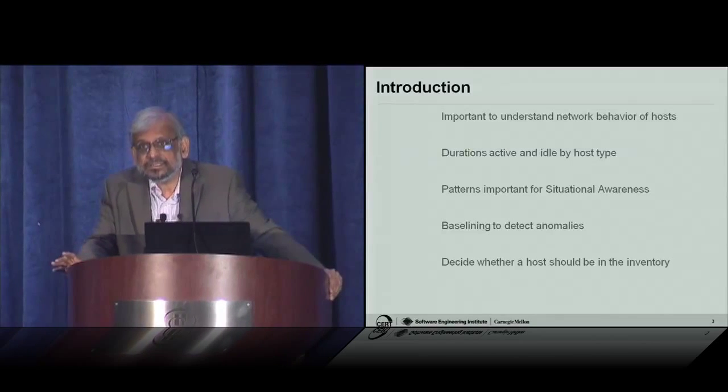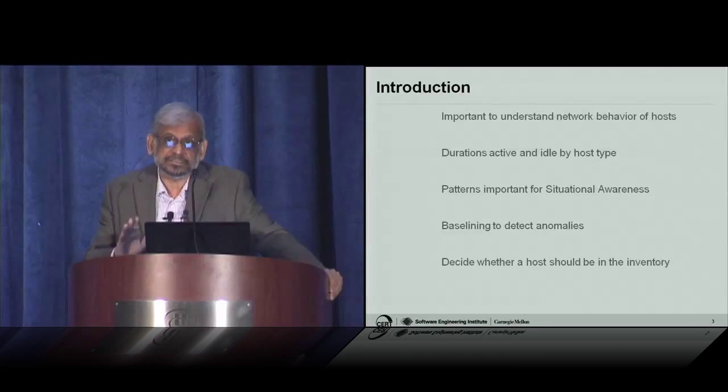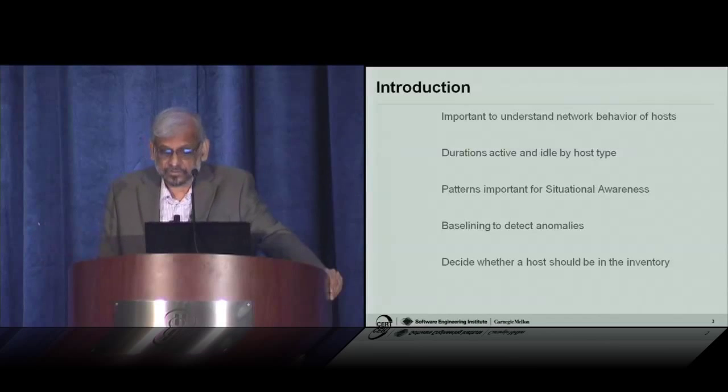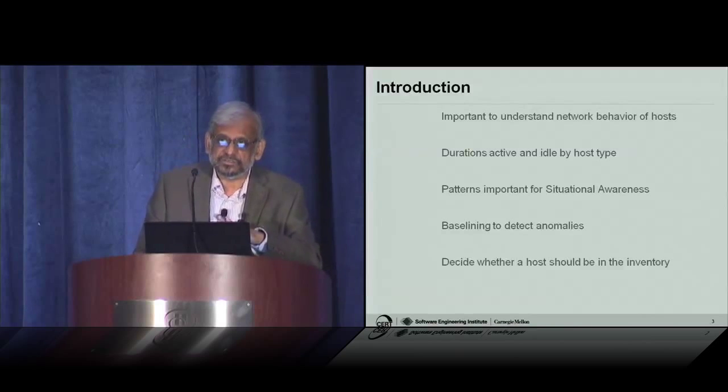So the issue arises whether they still are active or not, even though we haven't seen them for a while. This is where we need to analyze the distribution of the idle times and try to make some decisions on whether it really belongs in the inventory or whether it's actually been taken off or dropped or whatever.